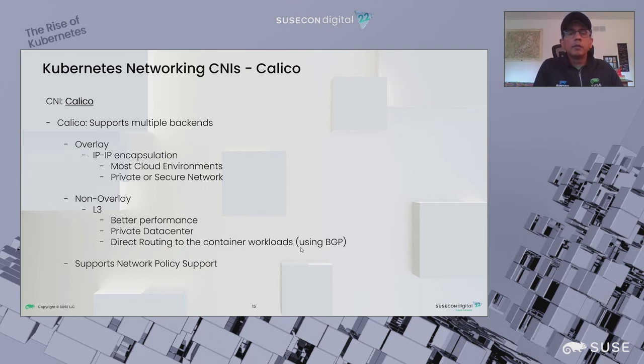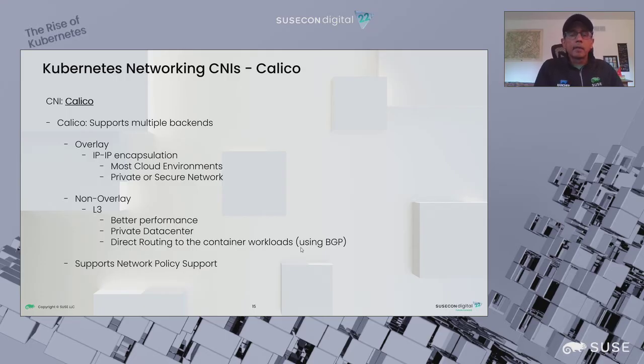One key factor with Calico is it can use a backend that provides direct routing to containers using BGP. Many enterprises have a standard setup for networking, for router setup and maintenance. If you want to take advantage of this, or you have a requirement to operate in that environment, then Calico is a good choice.